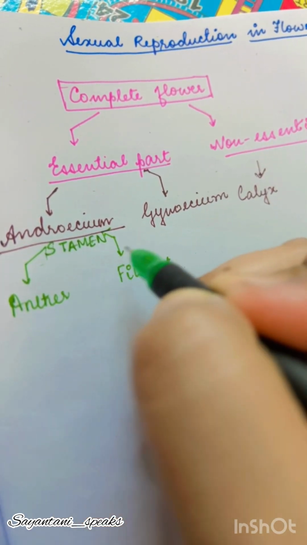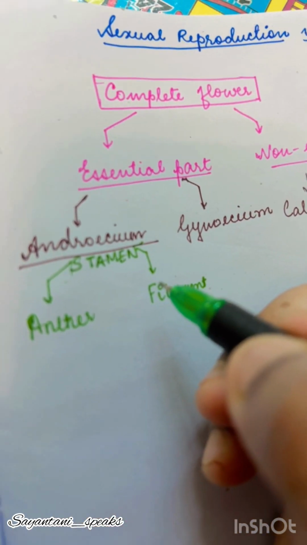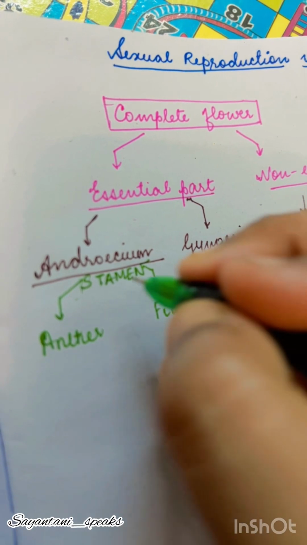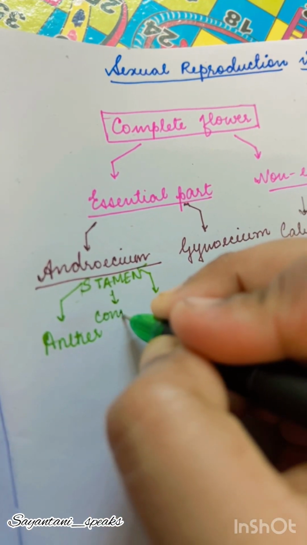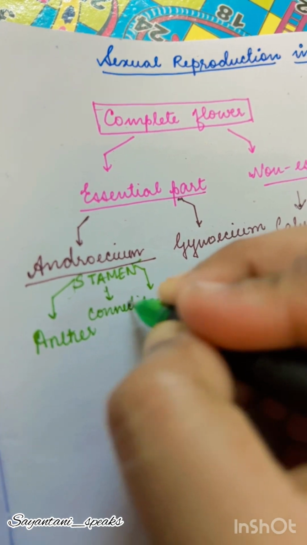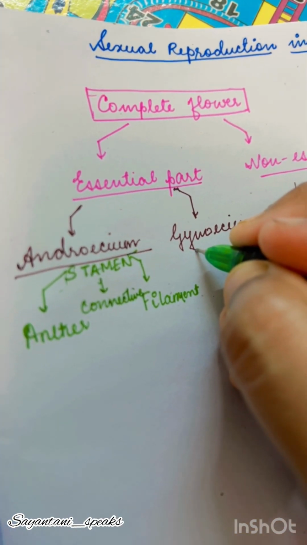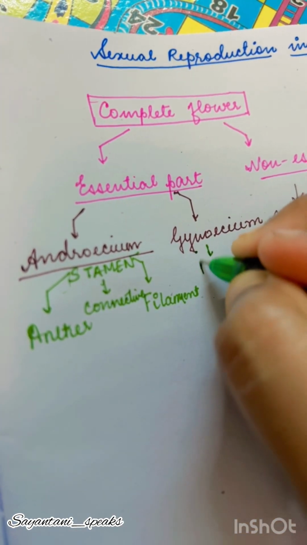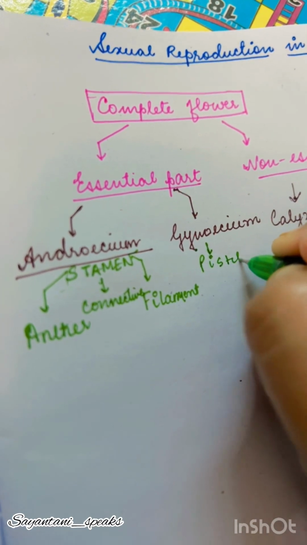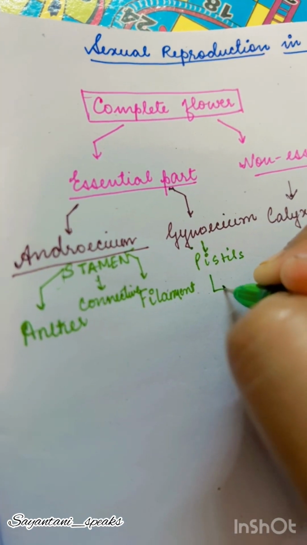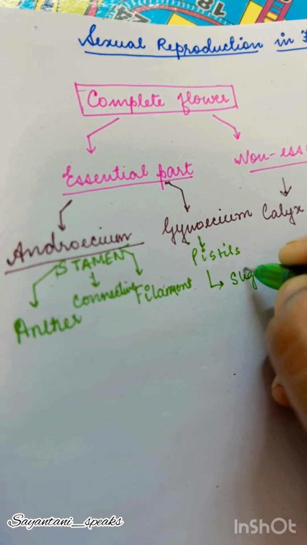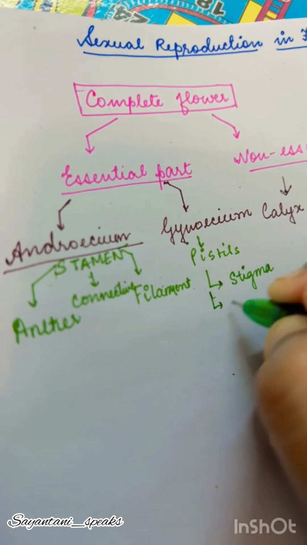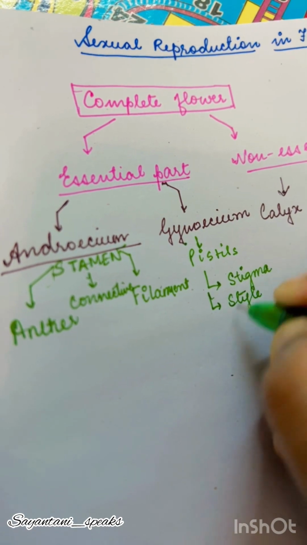The anther and the filament of the stamen are connected with a stretch of tissue known as the connective. And the gynoecium consists of the carpel, the pistil, and this pistil comprises the stigma, the style, and the ovary.